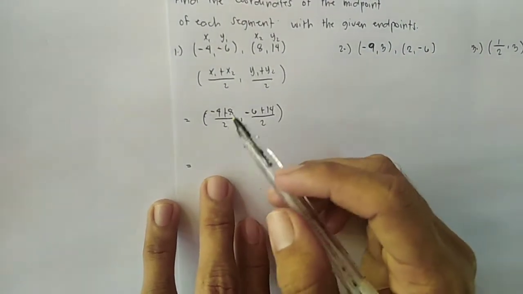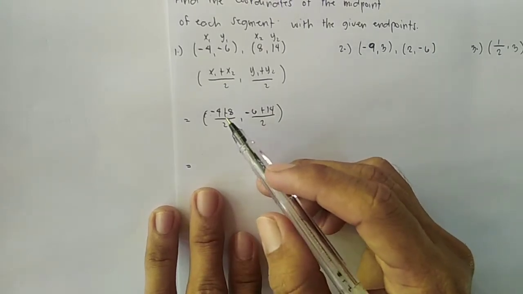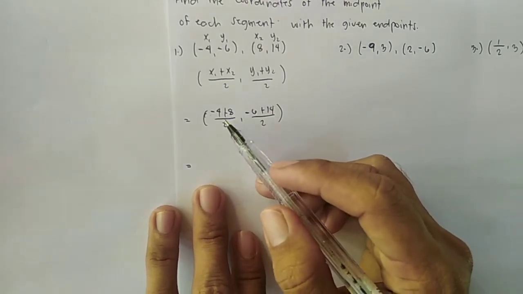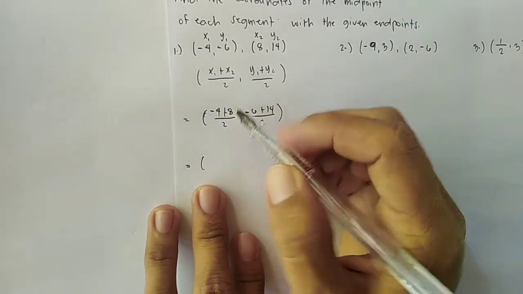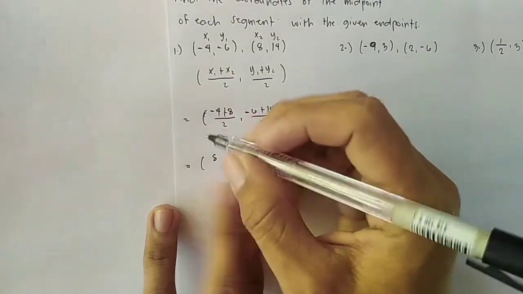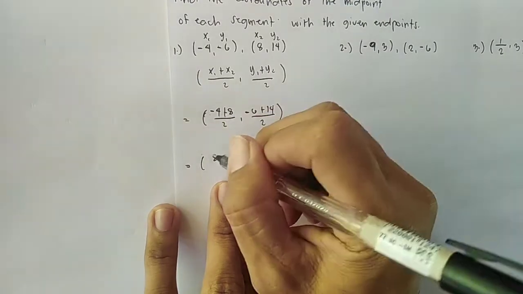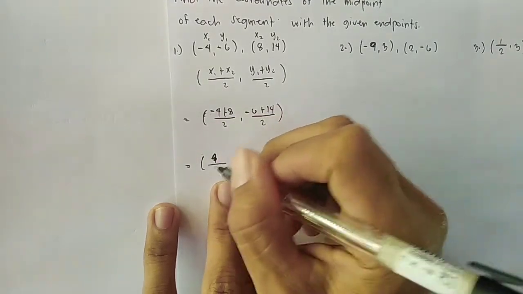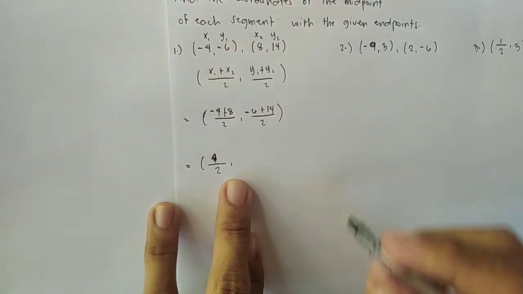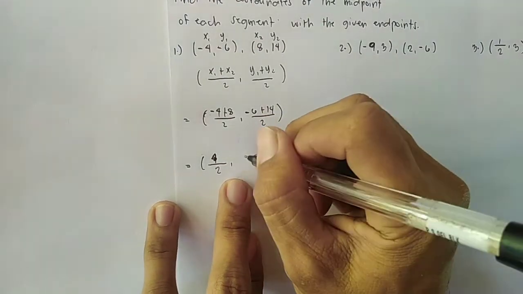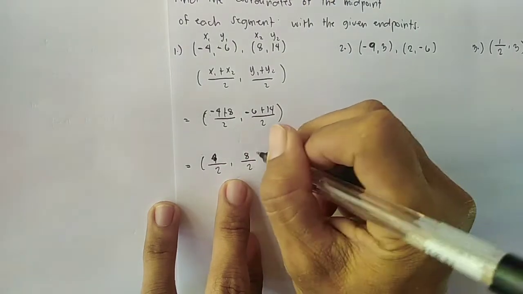After that, simplify the expression inside the parentheses. We have -4 plus 8, that is 4, and 4 divided by 2. Then -6 plus 14, that is 8, over 2.